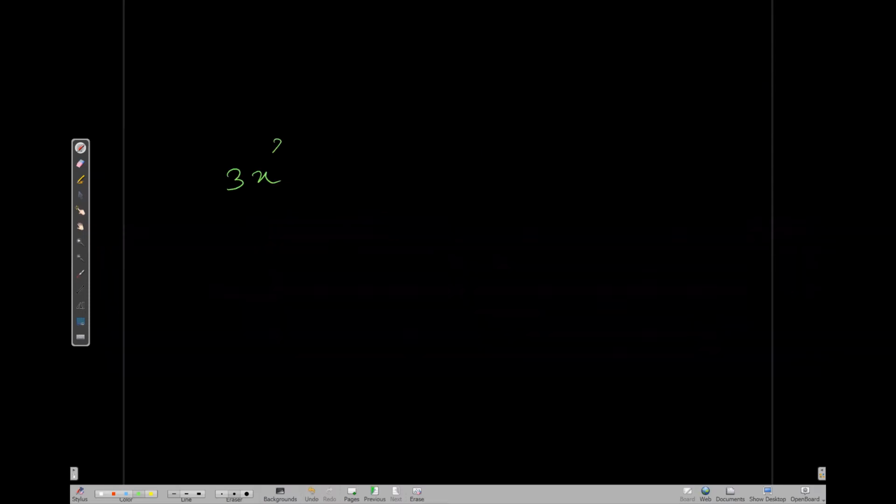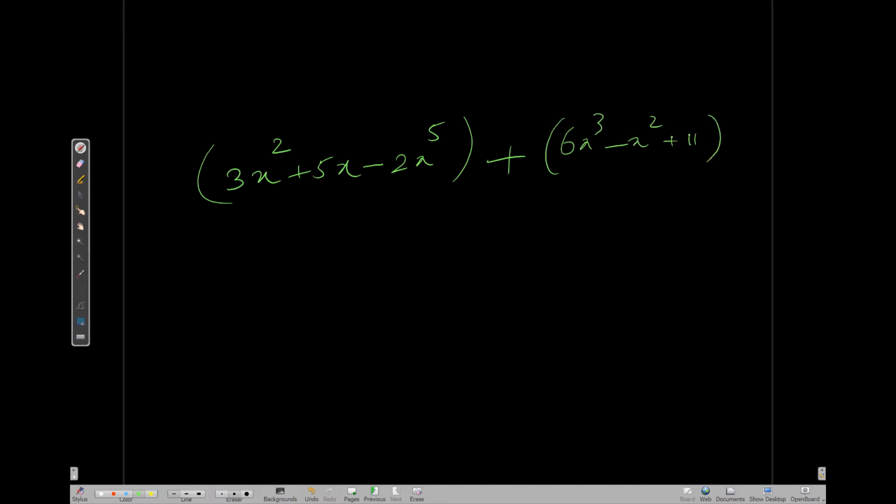So how about if you had to add two polynomials? Plus 6x cubed minus x squared plus 11. In order to do this, first of all, write down the equal sign and start with the highest power. What is the highest power here?